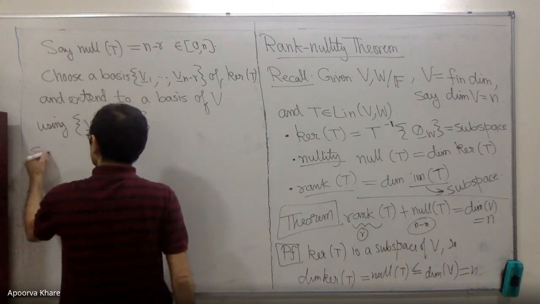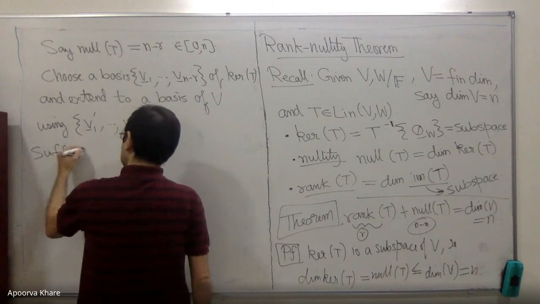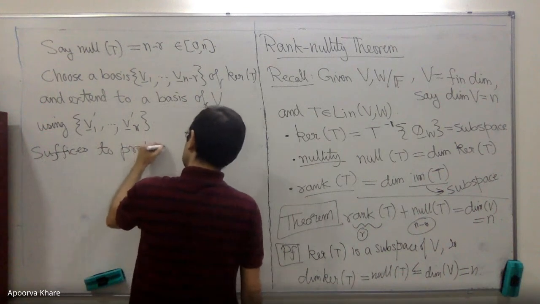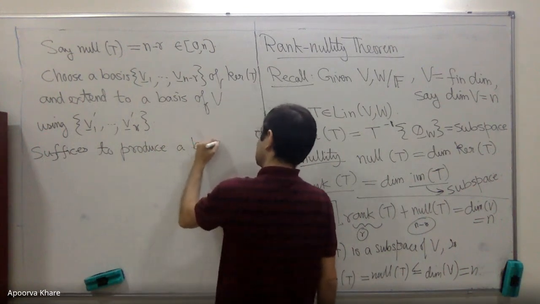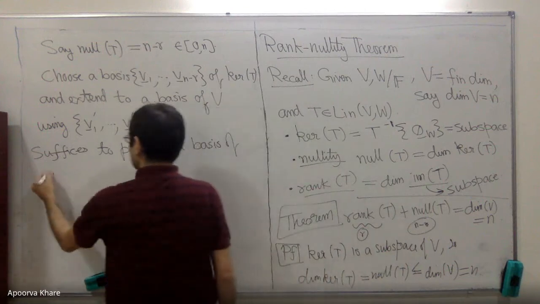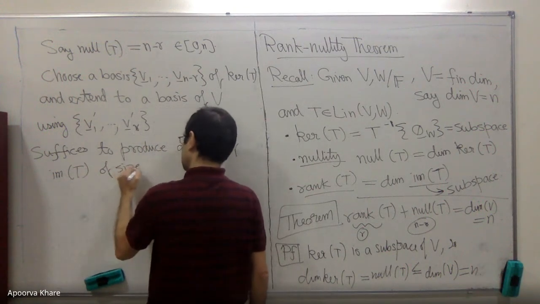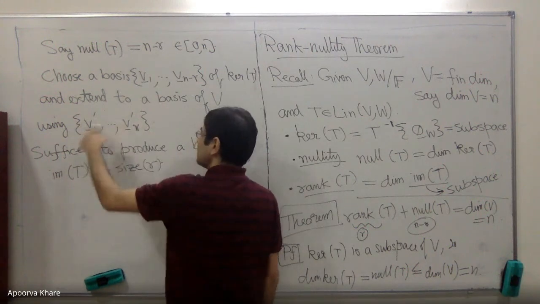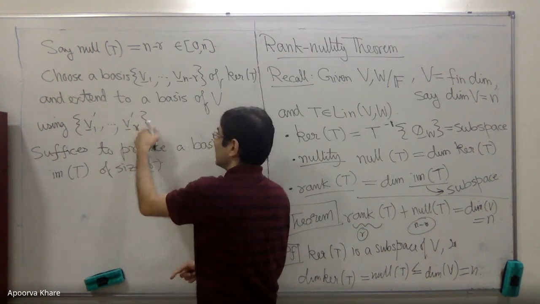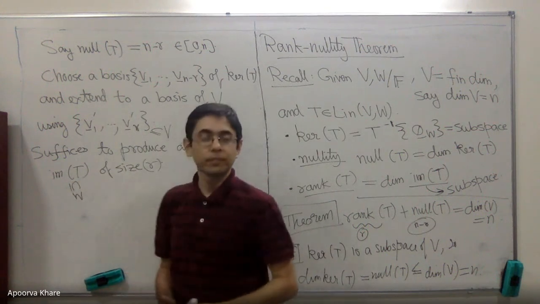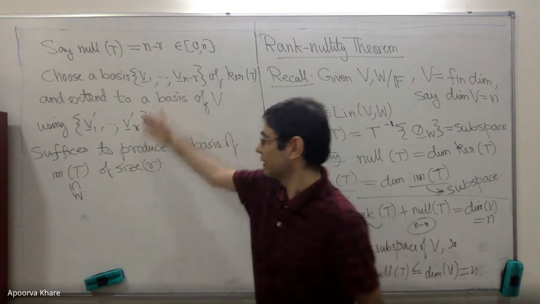So it suffices to produce a basis of the image of T, of size R. So yes, I have R many vectors here, but they sit inside V. And this image of T, of course, sits inside W. So these cannot be the vectors.